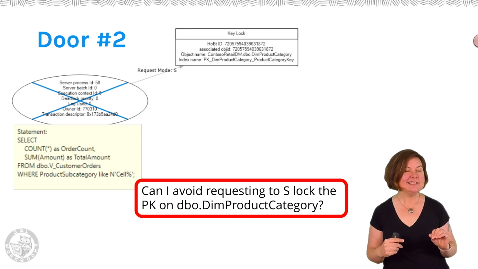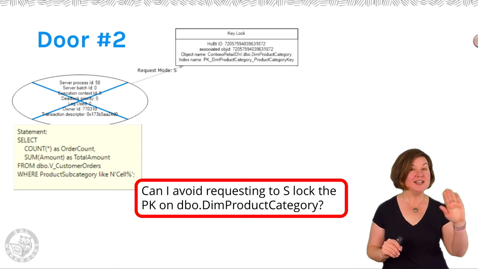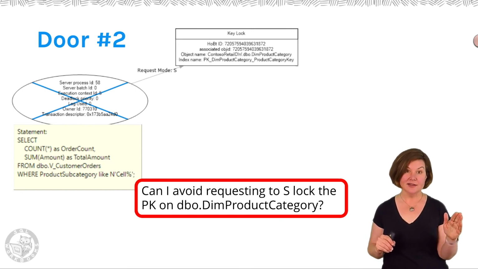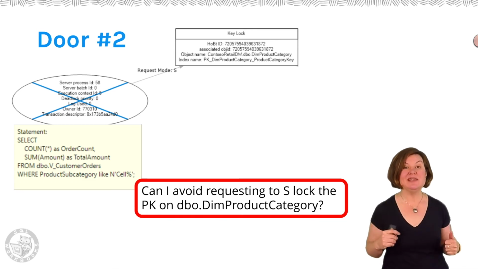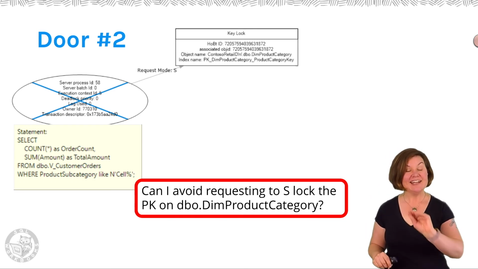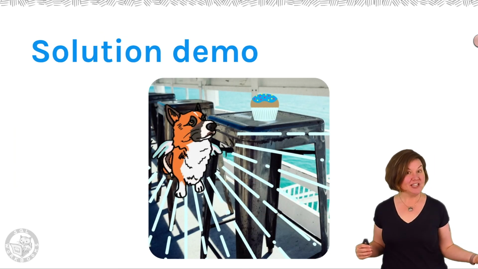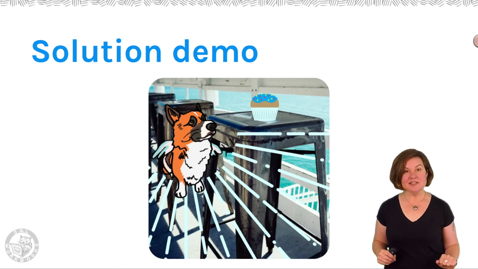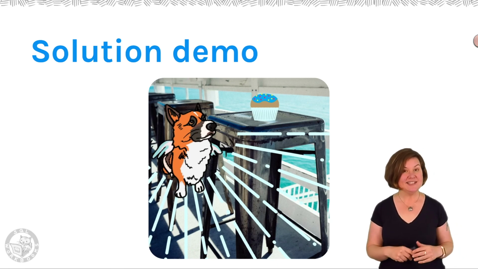Perhaps if it needs to read from a non-clustered index, it could get a shared lock just on a non-clustered index, and maybe that non-clustered index won't have to be locked by the first update statement in the other process. That is a second avenue to explore. So what we're going to do now, we're going to dive into Management Studio and check out both of those avenues and test out whether they work.